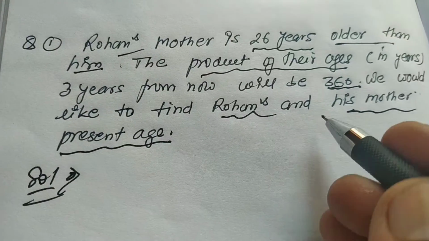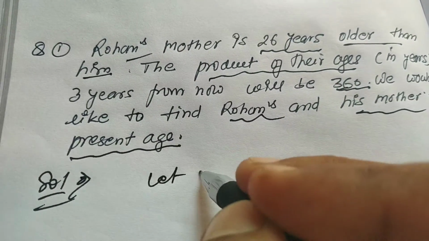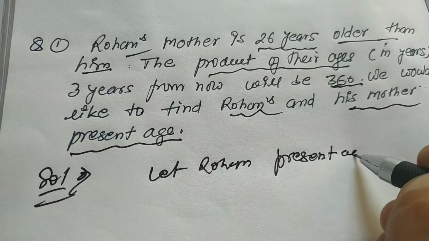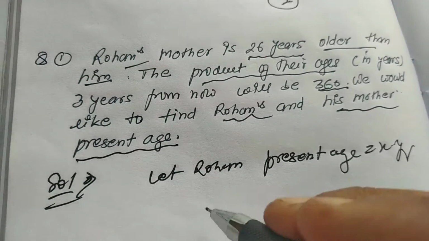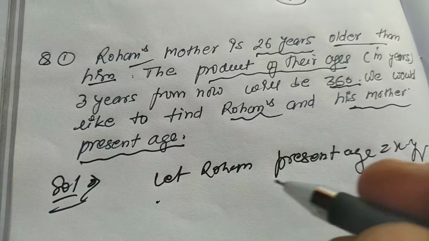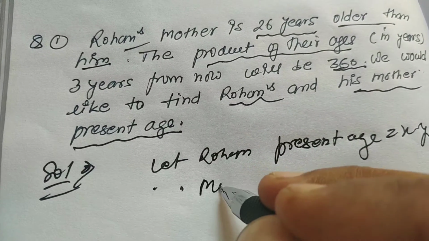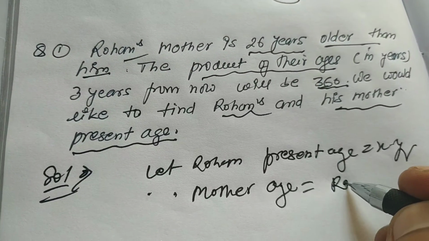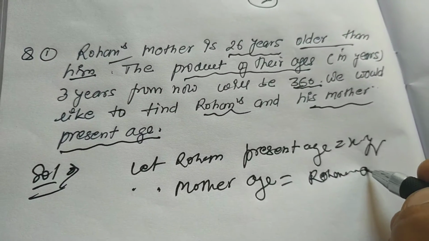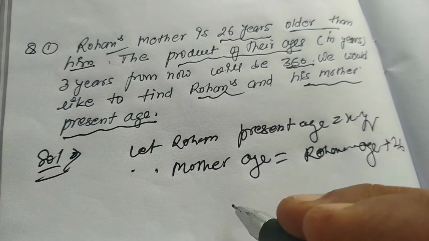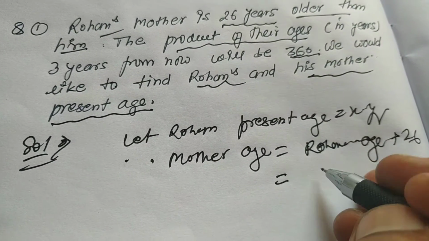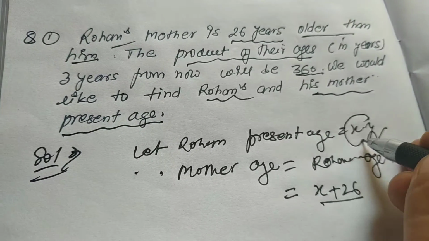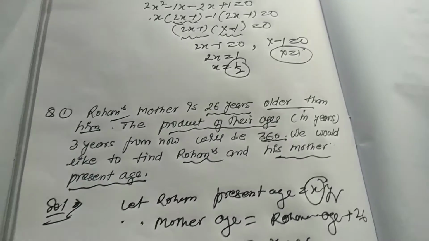First we assume that Rohan's present age is x years. So his mother's age is Rohan's age plus 26, that means x plus 26. Present age is x for Rohan, and mother's age is x plus 26 years.